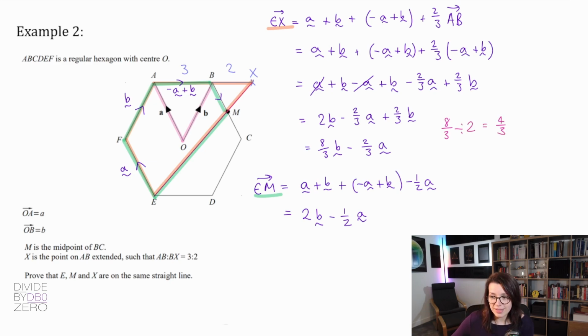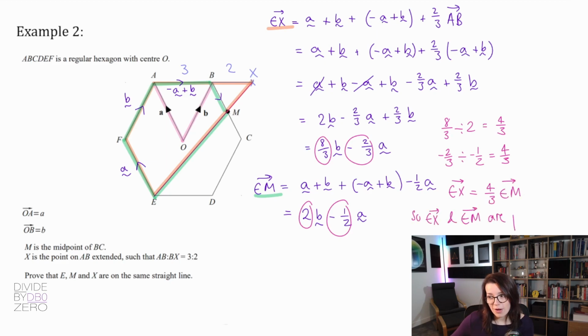So that shows that this divided by this is 4/3. If we do the same for the A component, so minus 2/3 divided by minus a half, we actually also get 4/3. So this means that vector EX is in fact 4/3 of vector EM. So EX and EM are parallel.